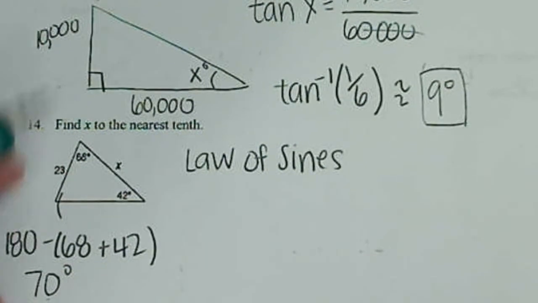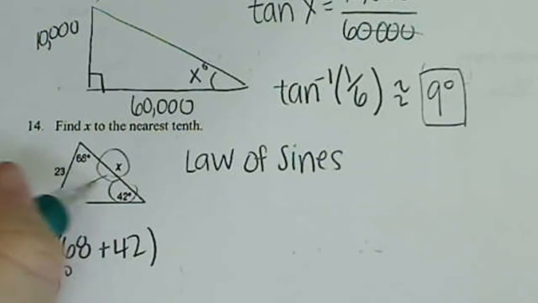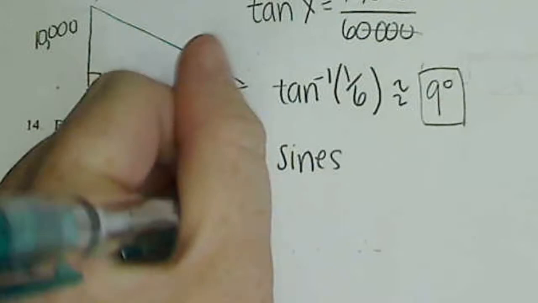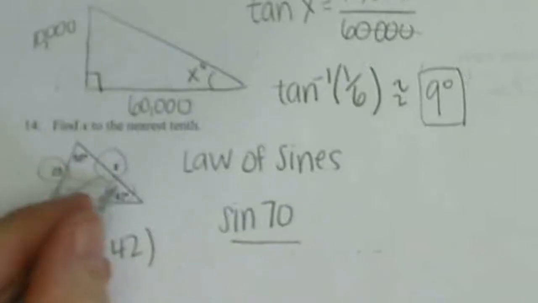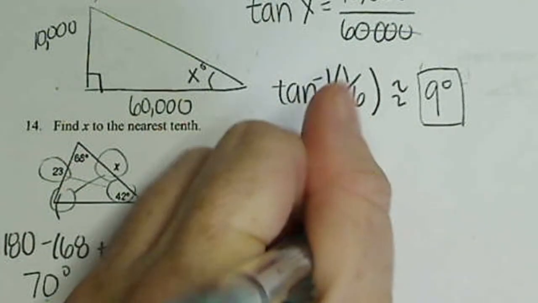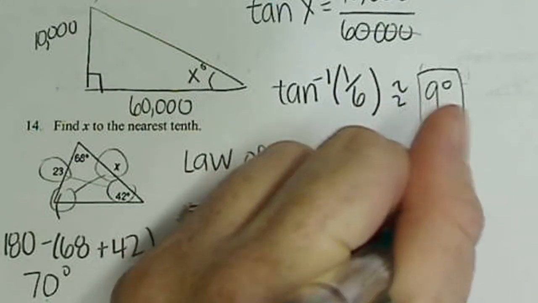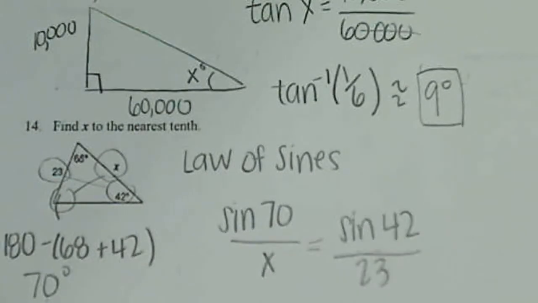Law of sines, remember, says take your angle and your side opposite, make a proportion. Okay? So the sine of 70 over x, its corresponding side, equals the sine of 42 over 23.